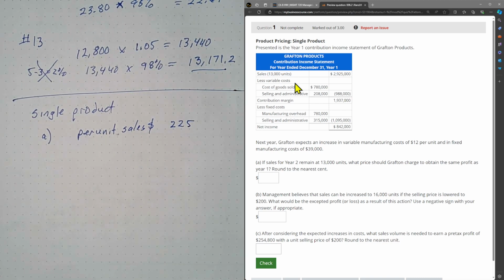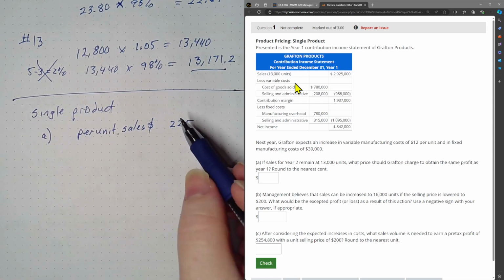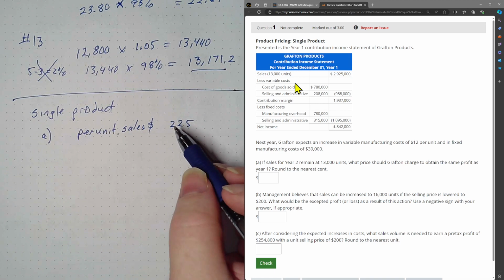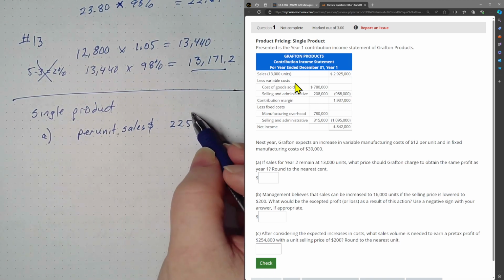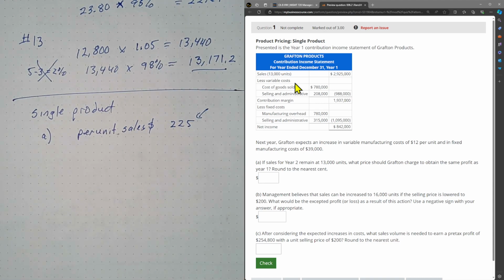Well, if we increase the variable cost and we increase the fixed cost, if we want to keep the same net income, the same profit, we need to increase the sales price. We need to increase this by whatever the increase in costs are, right? In other words, if the costs go up by $12 and we want to keep the same profit, we need to raise our price by $12, if that makes sense.